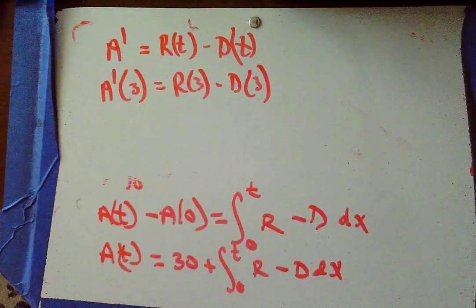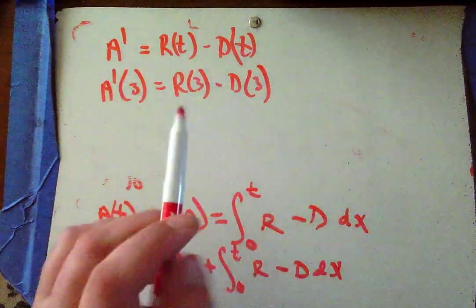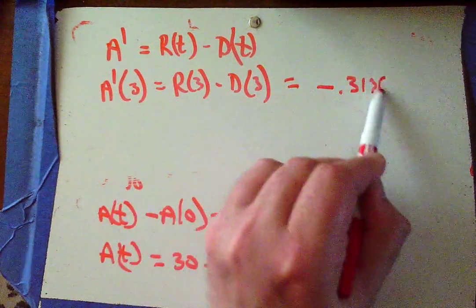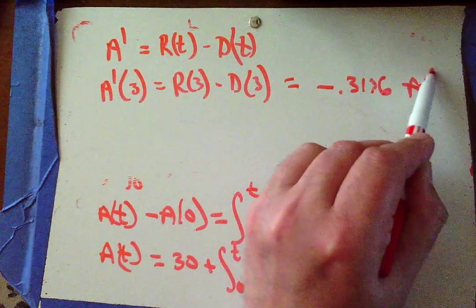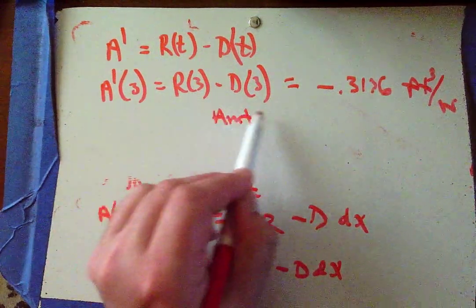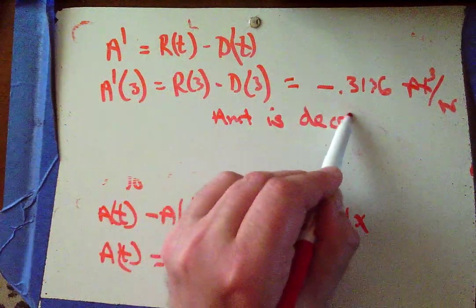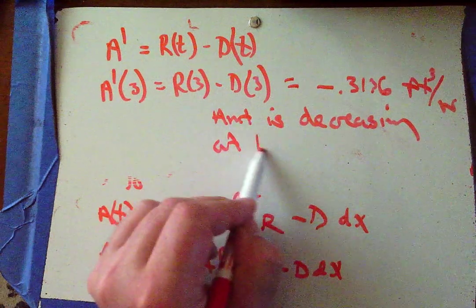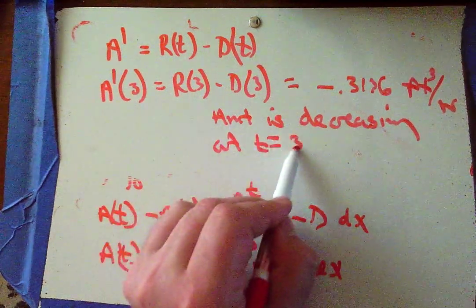I check these out on my calculator, and I end up with negative 0.3136 cubic feet per hour, and so the amount is decreasing at t equals 3.